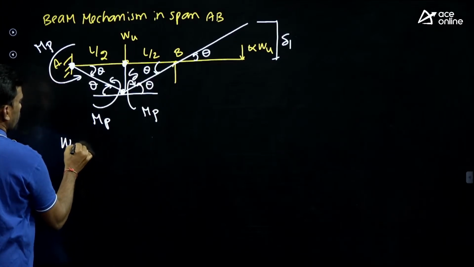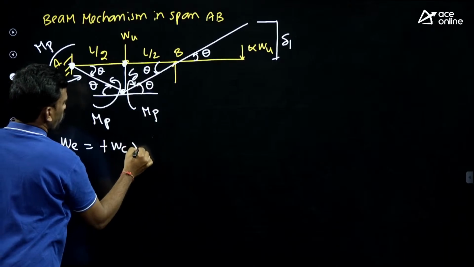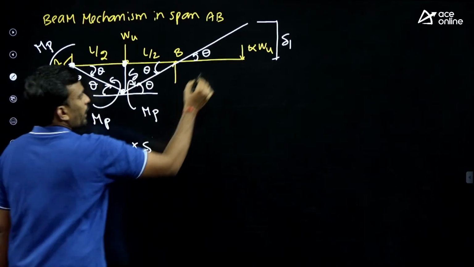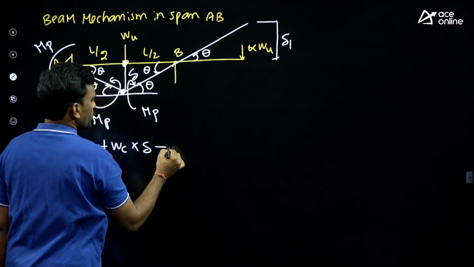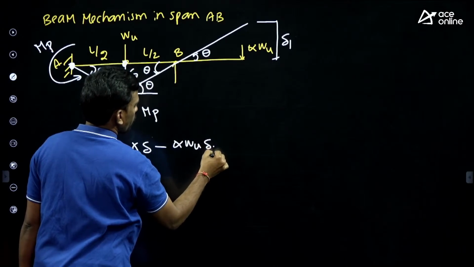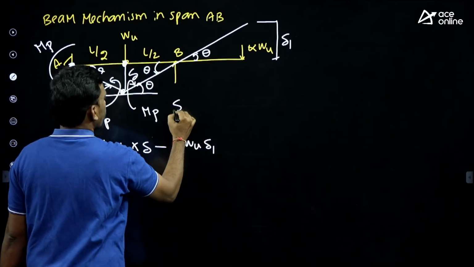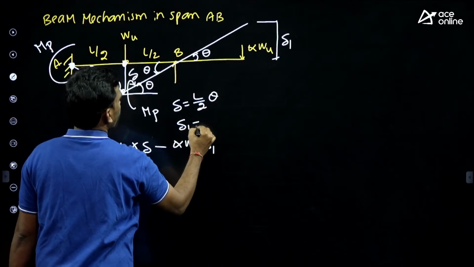Okay. So what is external work done? Load and displacement both are same direction, collapse load into delta, and the load is downward but displacement is upward, different direction. Okay. So alpha ultimate load into delta 1. So here what is delta? L by 2 into theta. What is delta 1?